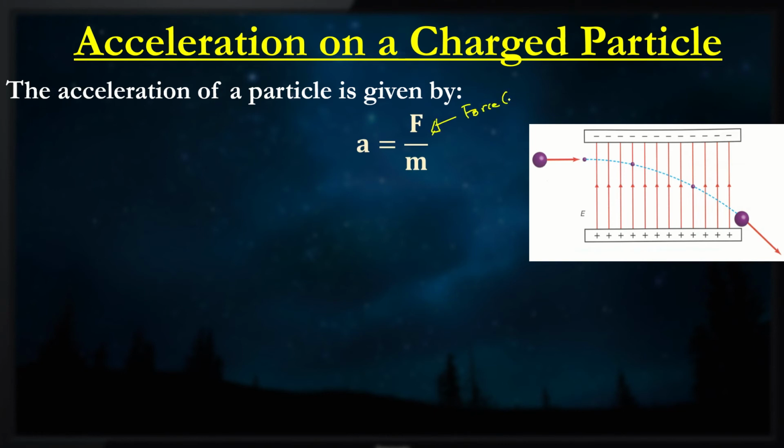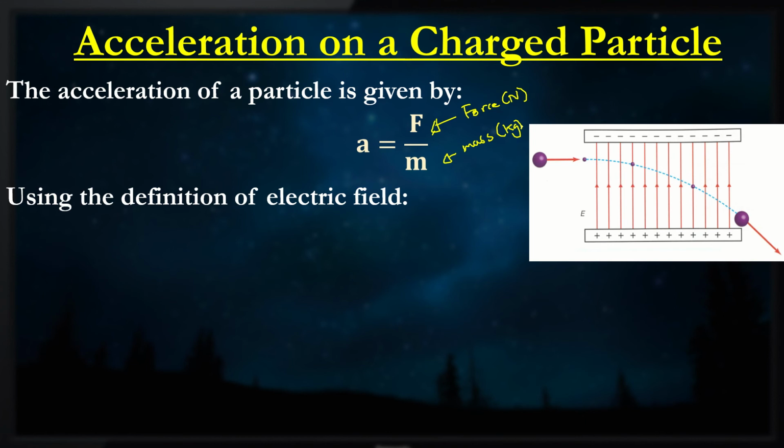And force is given in newtons, mass is given in kilograms. Now obviously when we're dealing with charges, we're probably looking into protons and electrons. The mass of a proton and electron should be on your formula sheet, so that shouldn't be too difficult to find. So the question is, how do I know how much force is being applied onto my charged particle?